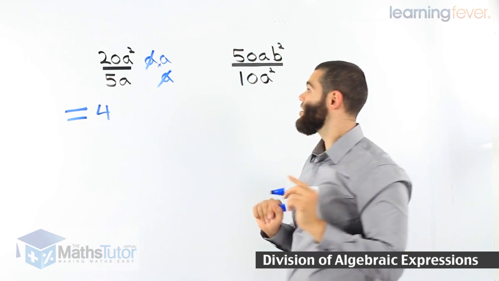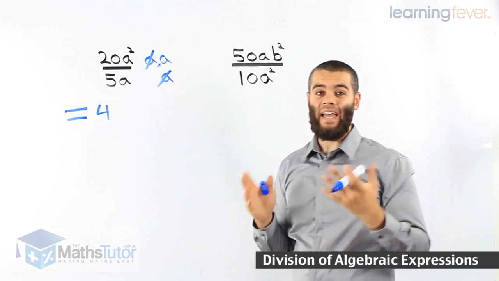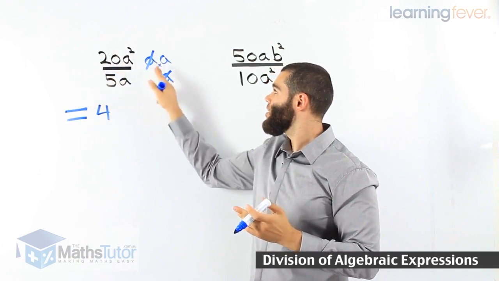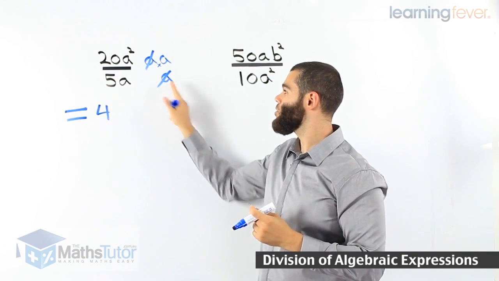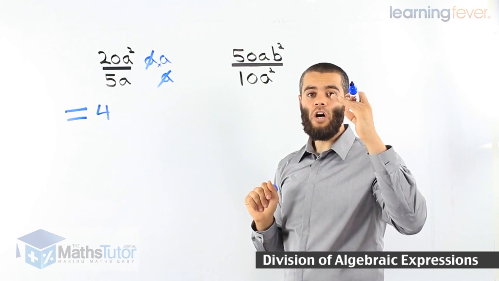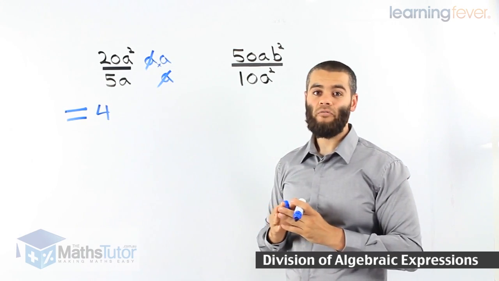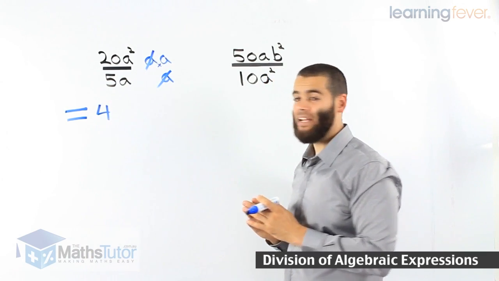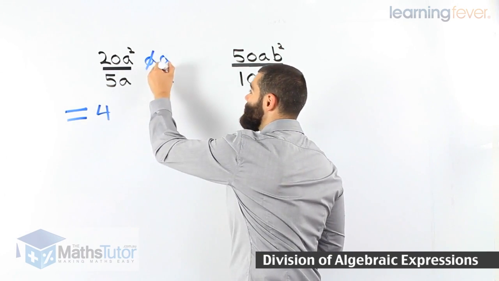Very important. A squared is a times a. So on the top, a times a. On the bottom is a. There it is. One from the top will cancel with one from the bottom to make sure we are simplifying correctly. So the a cancels with the a.